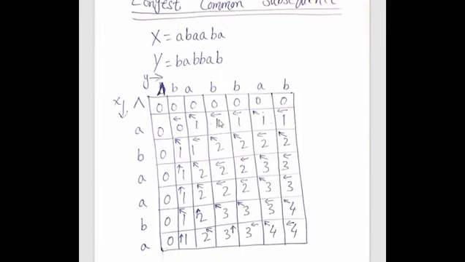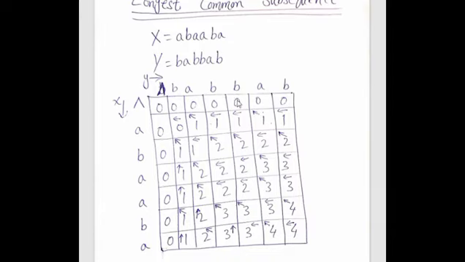Again we compare for the next column, A with B. They are not similar, there is no match, so we go one row back, one column back and take the maximum, that is 1, and the maximum is to the left, so we point an arrow to the left. Compare again for the next column, A with A, a match is found, so we add 1 to the diagonal. The diagonal here is 0, so 0 plus 1 is 1.